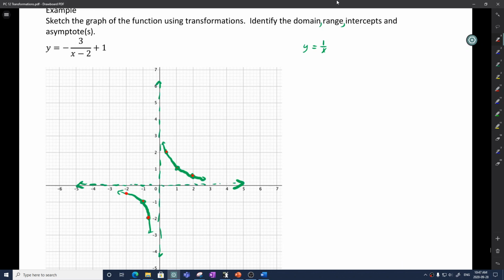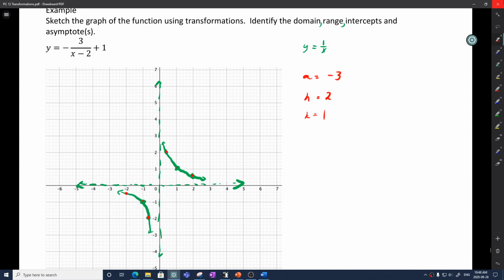I have started by graphing my function y is equal to 1 over x, which is the basic hyperbola. Now I'm going to pick out the values of a, h, and k. So I'm going to press pause. You pick out the values of a, h, and k. Go.